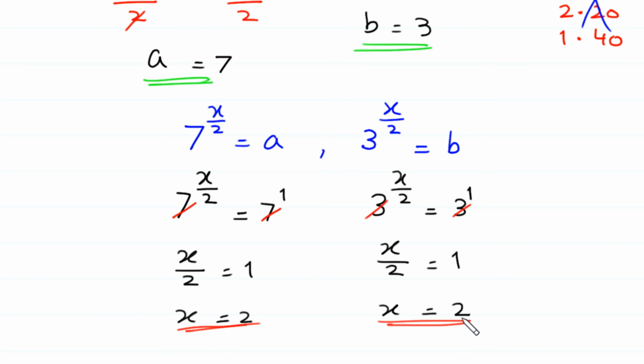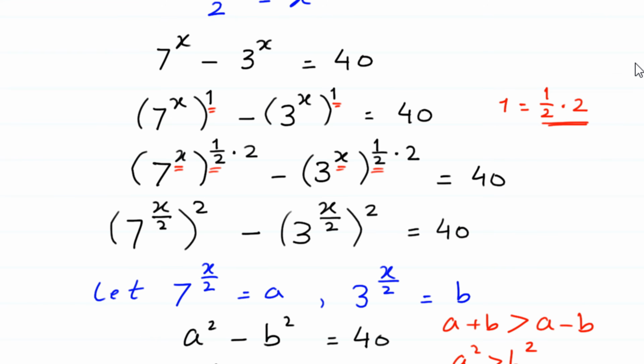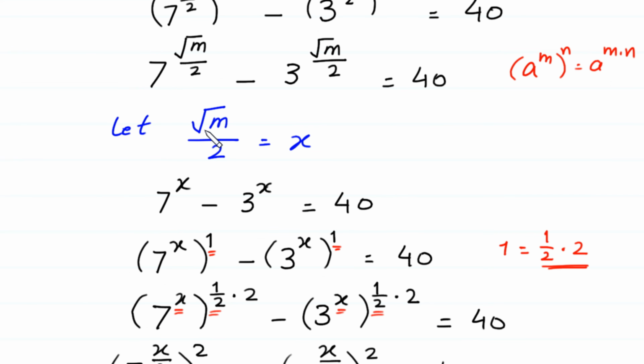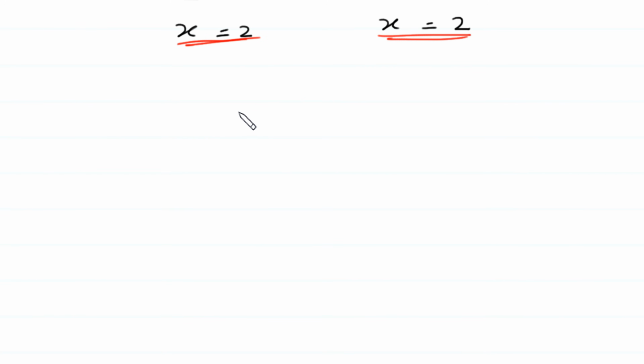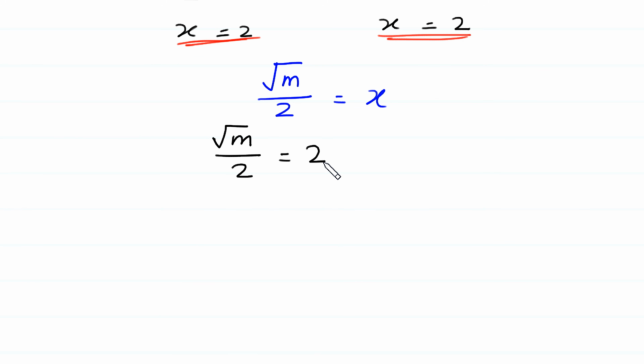Now recall that we have supposed square root of m over 2 is equal to x. In this equation we put the value of x 2. Square root of m over 2 is equal to value of x 2, and we multiply both sides by 2.